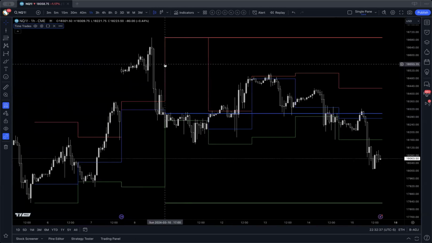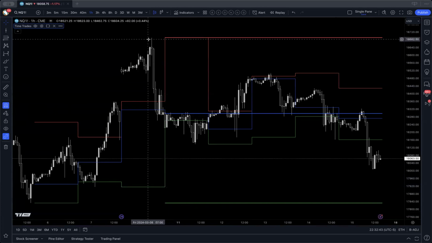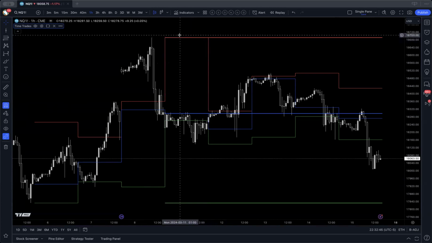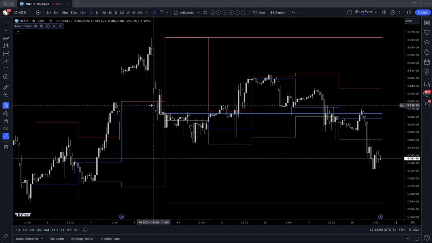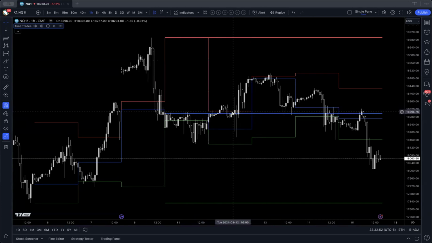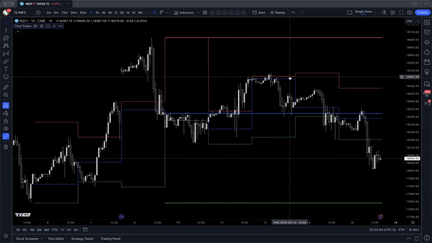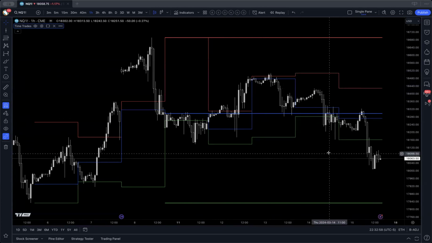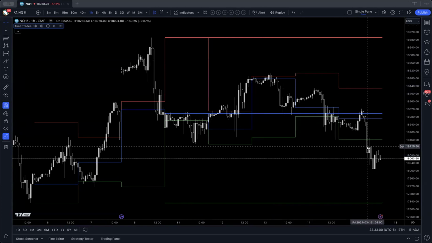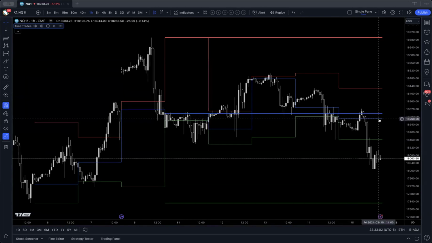So that is the thin red line here. Okay, so that's the prior day's high. That's this line up here. This line down here is the prior day's high. That's there. Prior day's high, prior day's high, and we're just carrying that forward to the current day. That's it. Blue is close, green is low.